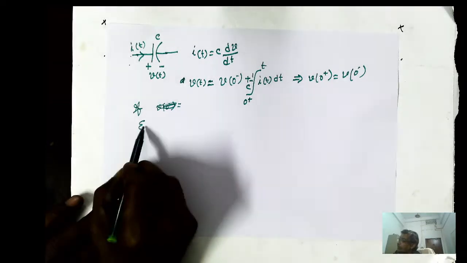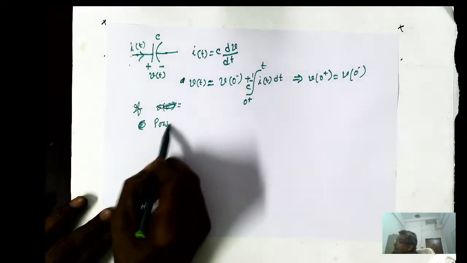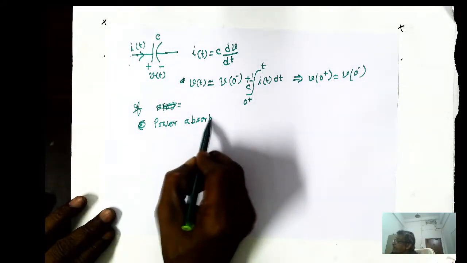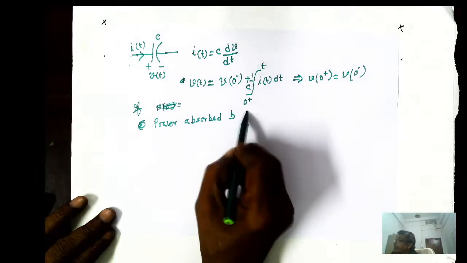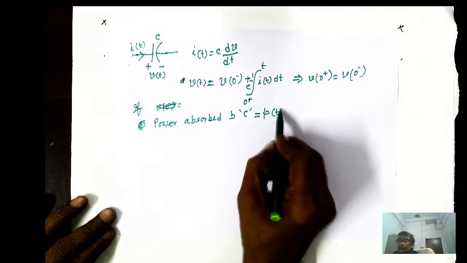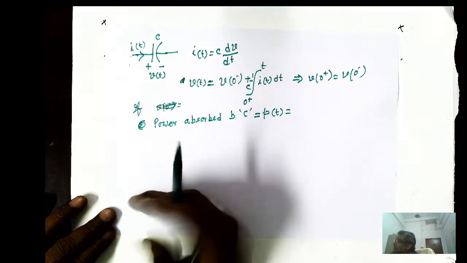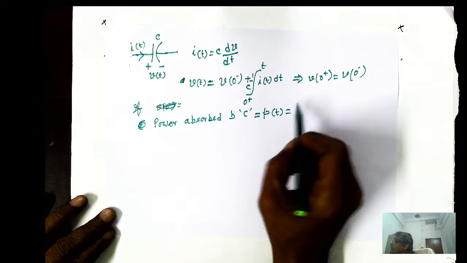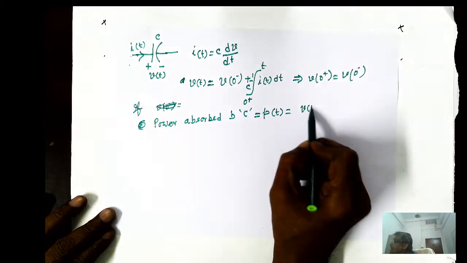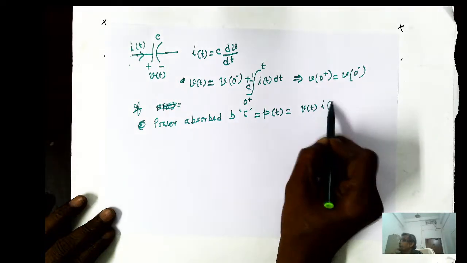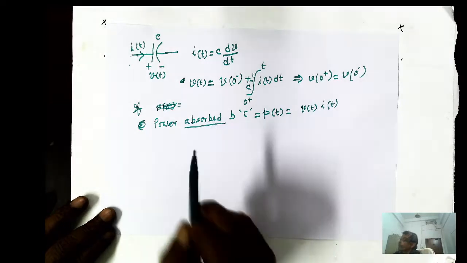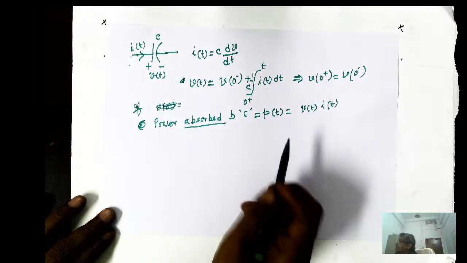Power absorbed by C will be equal to p(t). v(t) could be any function of time, we don't mind. So p(t) is equal to v(t) into i(t), the instantaneous power absorbed by the capacitor.